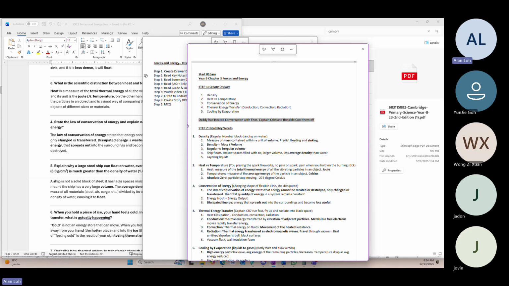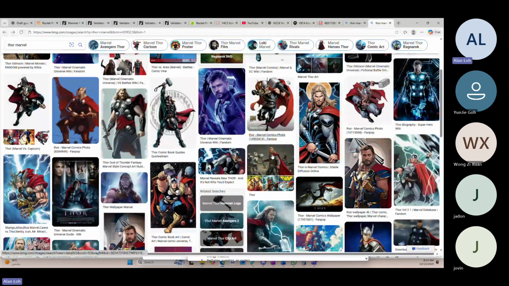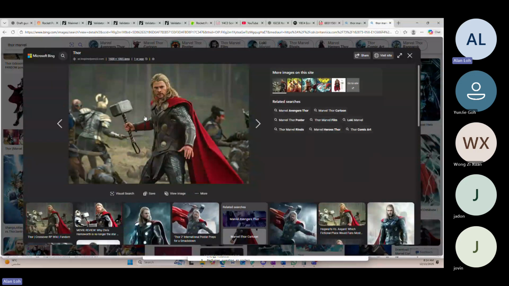Thor is the Marvel superhero, like this guy, a very big, very strong guy with a very big hammer. So imagine your father, Robbie, so small and tiny, having a heated conversation with Thor, and Ronaldo came in and cooled them off.